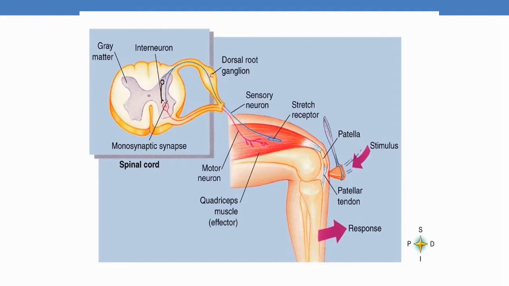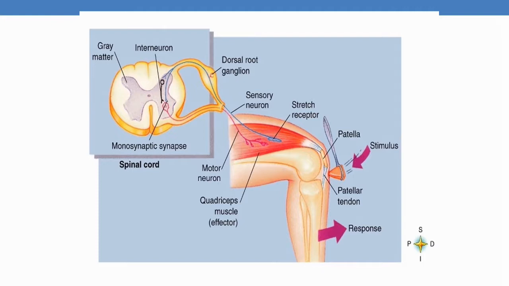We don't need to go into every step involved with excitation-contraction coupling and calcium release and all of that stuff, but we know that there's some change that takes place in the muscle that causes the muscle to contract, and that's a normal finding in the case of normal reflexes.